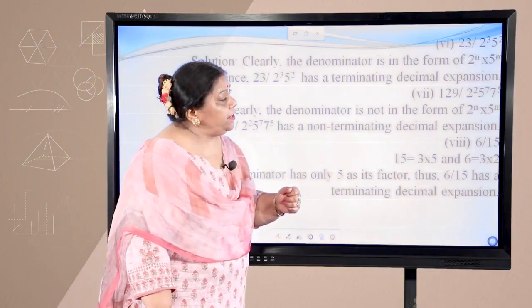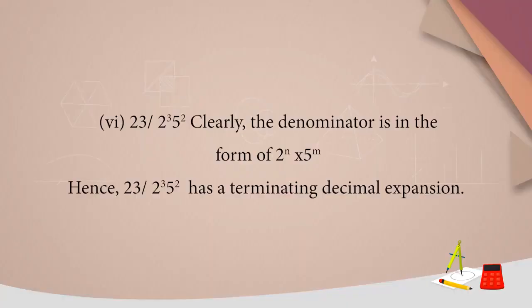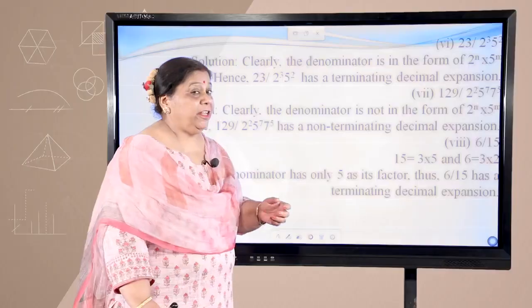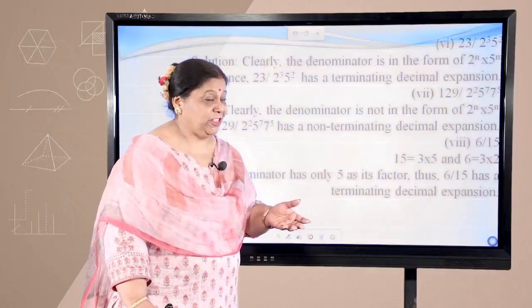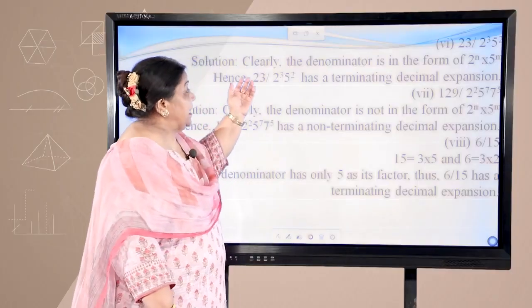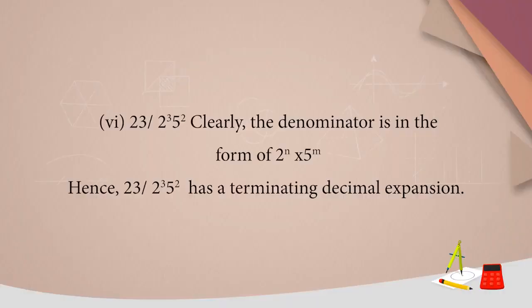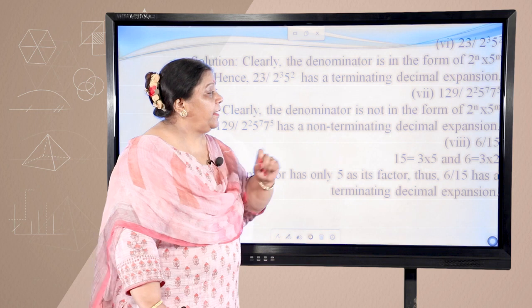It is 23 divided by 2 to the power 3 into 5 to the power 2. Already the factors are done for us in this question. What do we notice? Clearly, the denominator is in the form 2 to the power n into 5 to the power m. Hence, 23 divided by 2 to the power 3, 5 to the power 2 has a terminating decimal expansion.